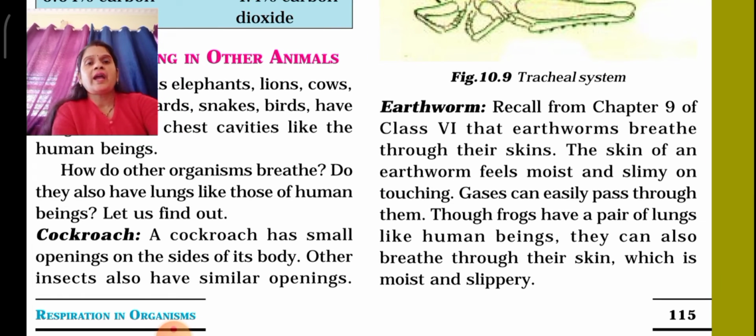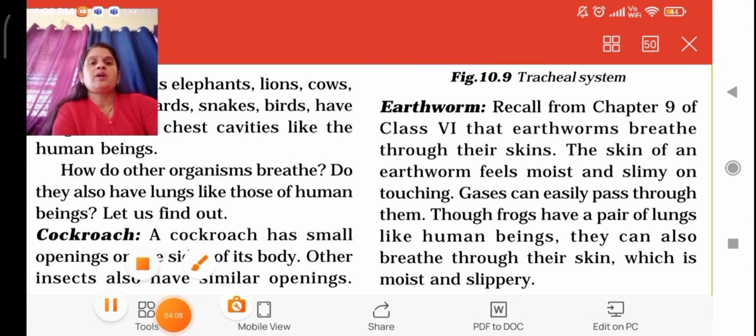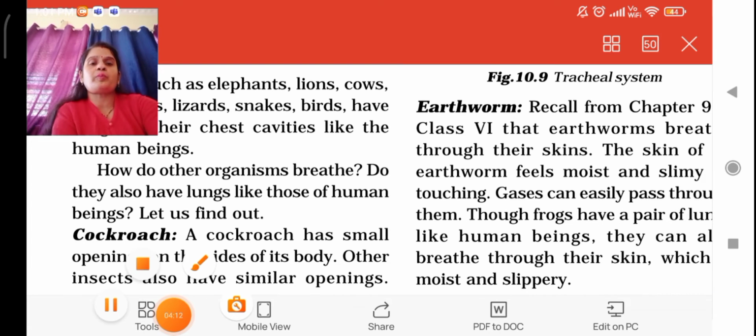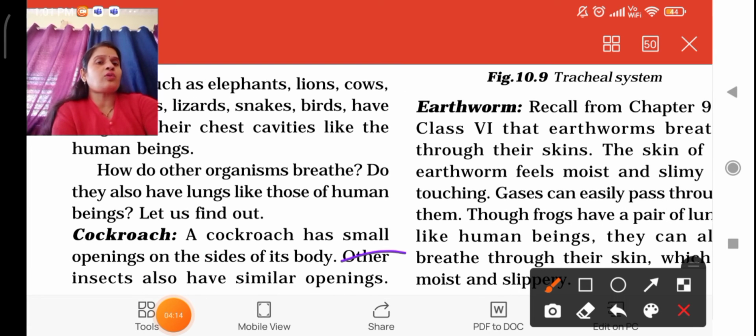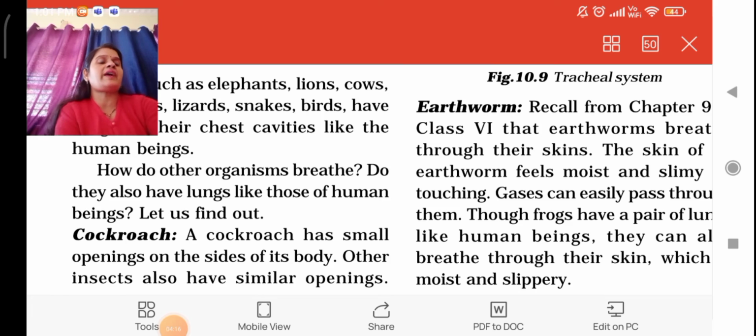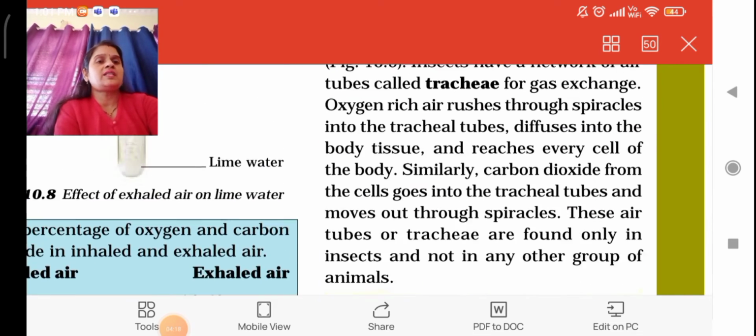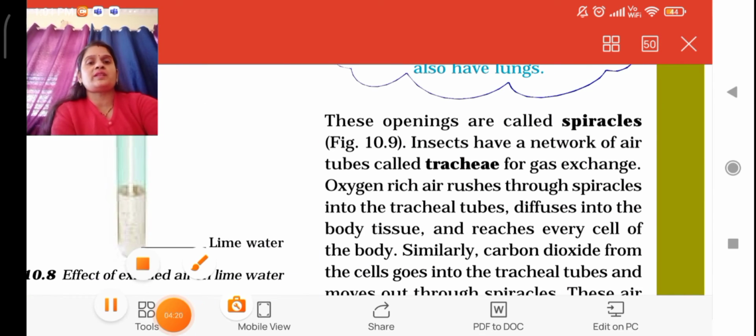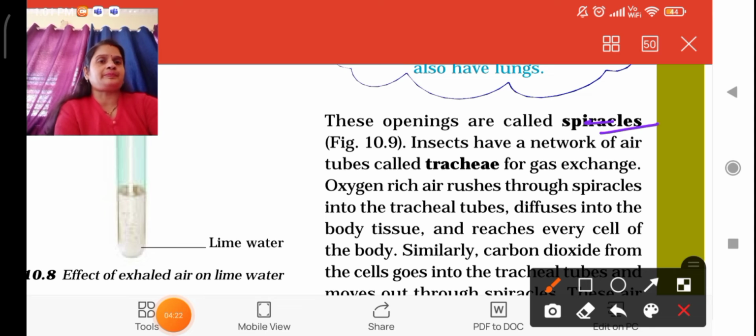Some other insects also have the same kind of opening as a cockroach. They are called spiracles. What do you call them? Spiracles. These tiny openings are called spiracles. The cockroach also comes in the insect category.